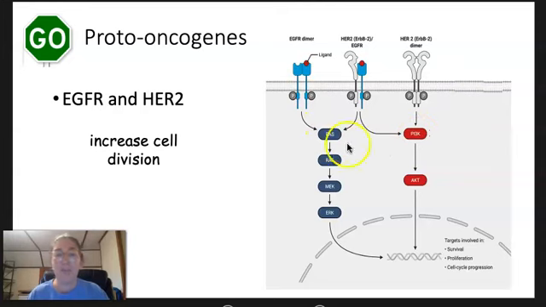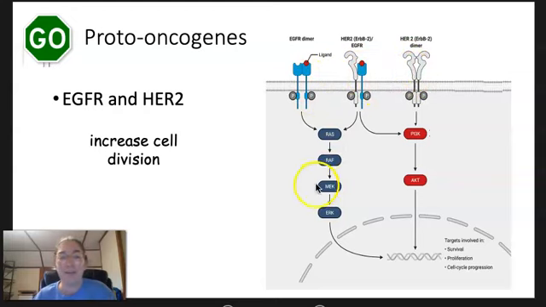Depending on which types of cells in the cancer are mutated, that determines which types of therapies are going to work best.